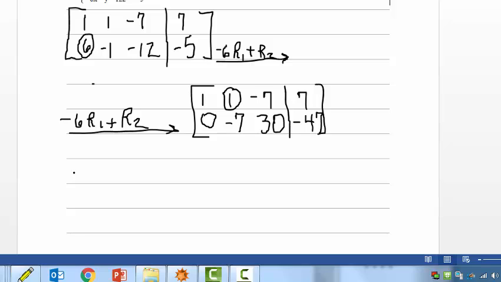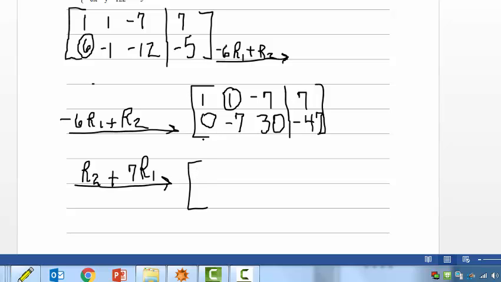So I'm going to put my anchor row first. I'm not going to do anything to row 2. That's my anchor row. And I'm going to add to row 1, 7 times row 2. And that's how I'm going to change row 1.